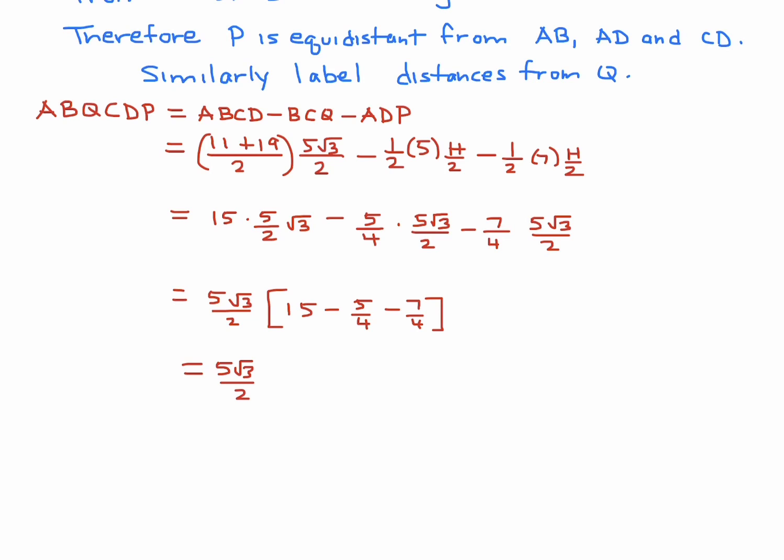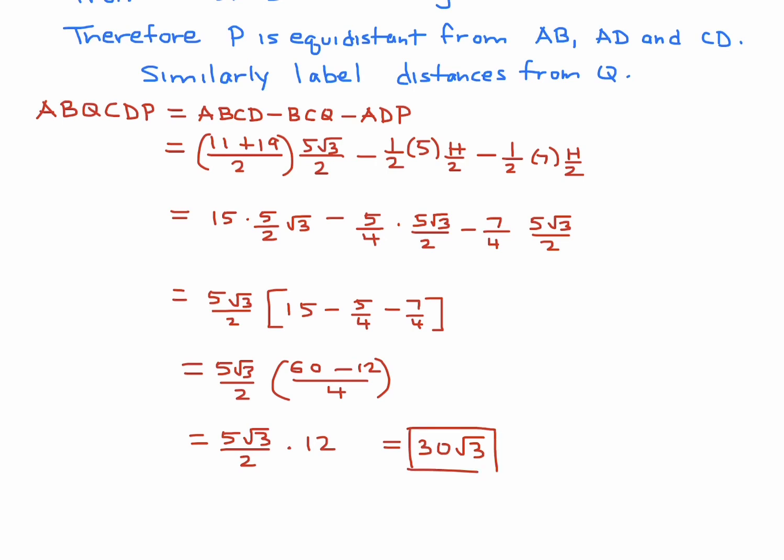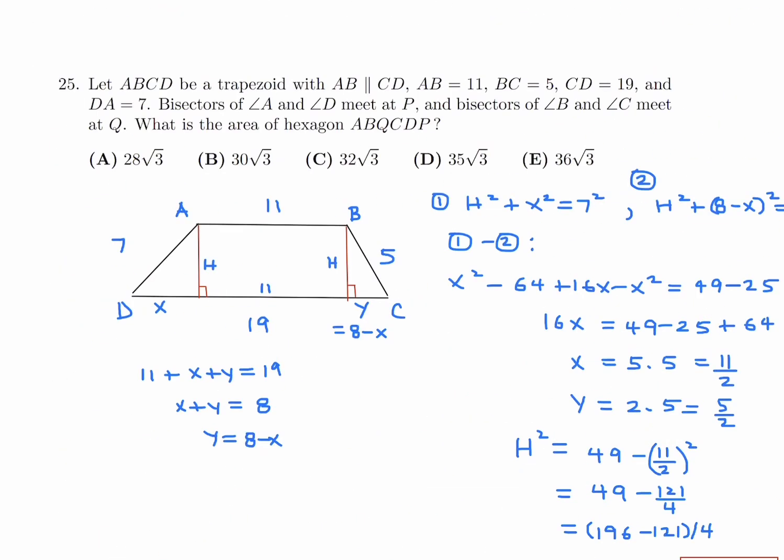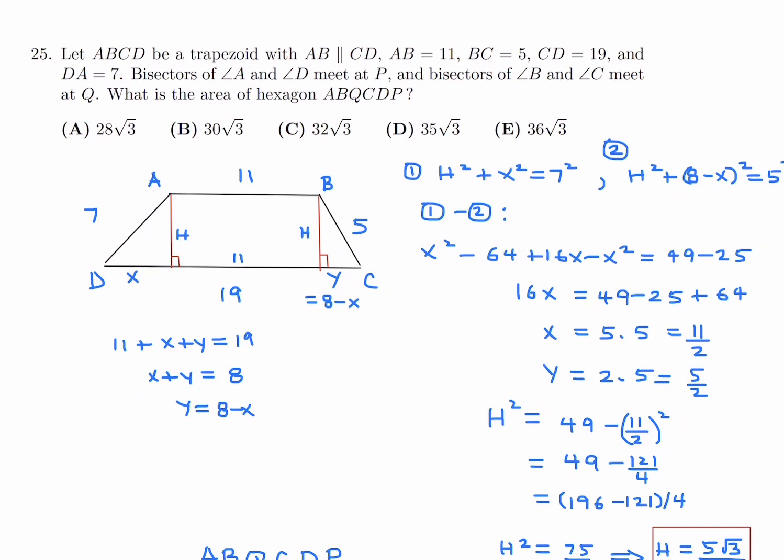Let me make this a fraction. So 60 minus 12 over 4. And that looks like 48 over 4, which is 12. So 5 root 3 over 2 times 12. And that's going to be 6 times 5, which is 30 root 3. And there you go. 30 root 3 is the answer to this question. And that would be, for number 25, choice B.